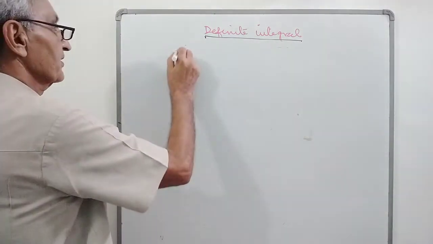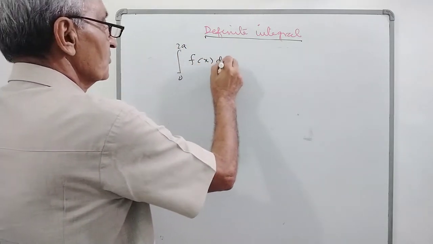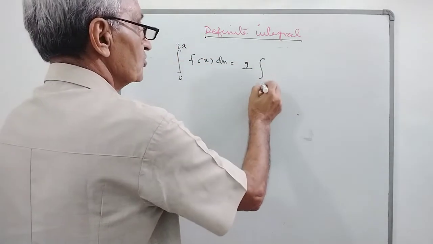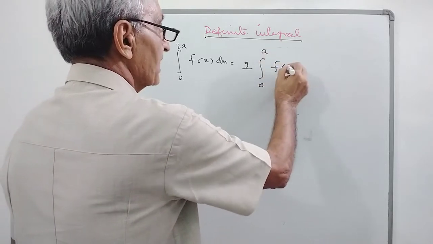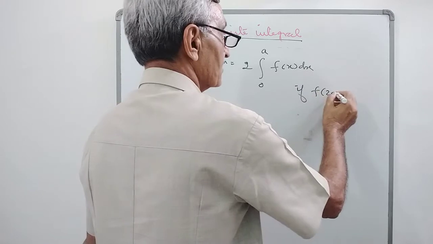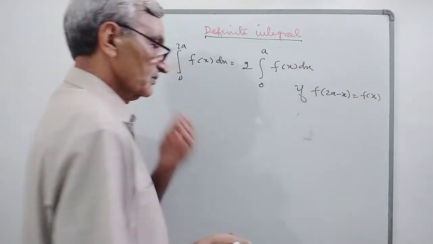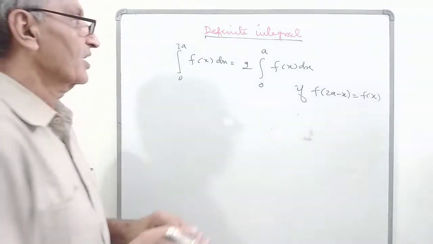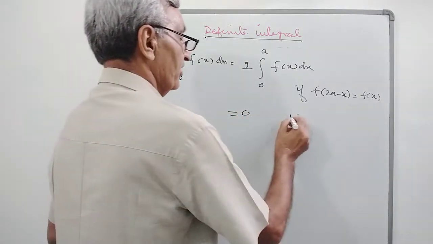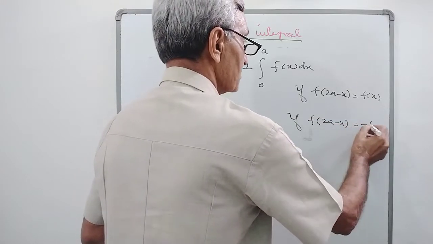Let's look at the property. The integral from 0 to 2a of f(x) dx is equal to twice the integral from 0 to a of f(x) dx if f(2a minus x) is equal to f(x), and equal to 0 if f(2a minus x) is equal to minus f(x).